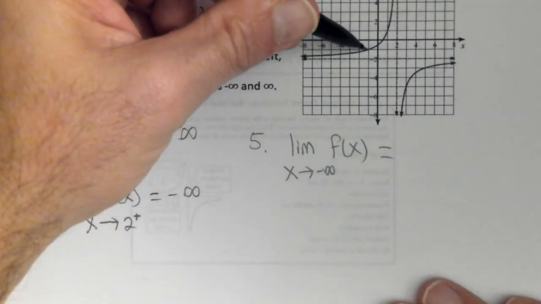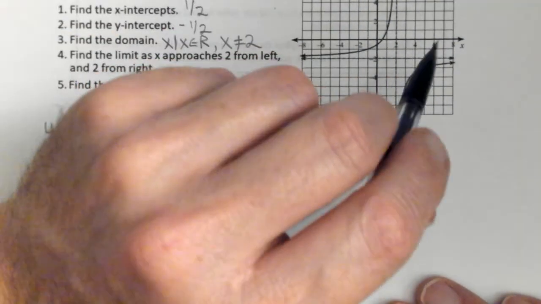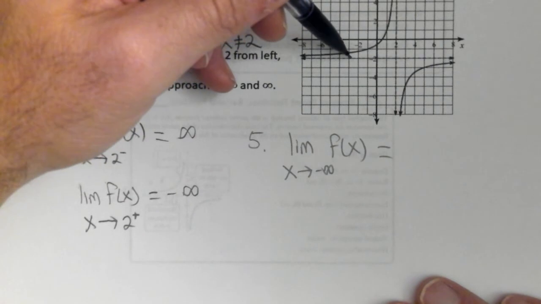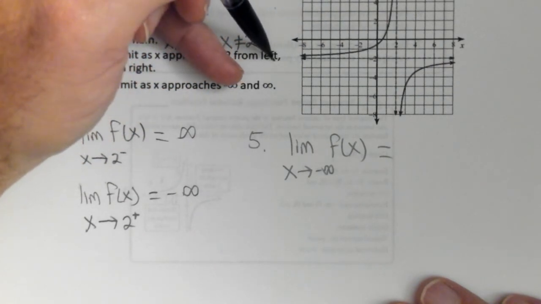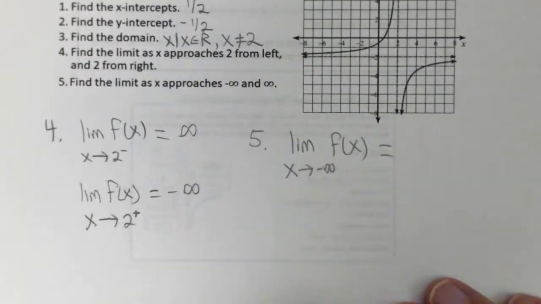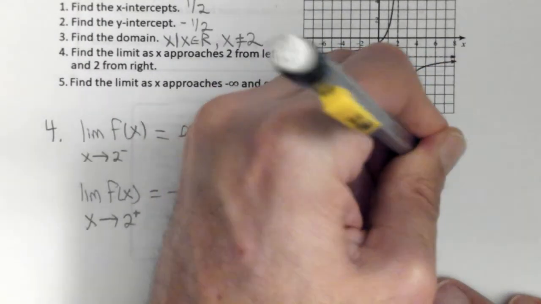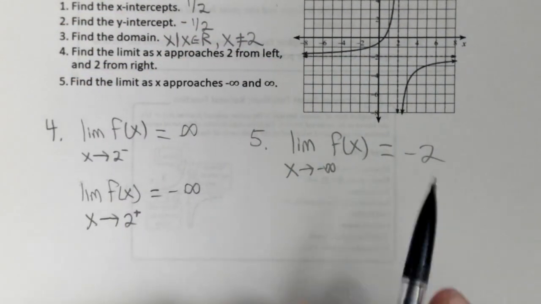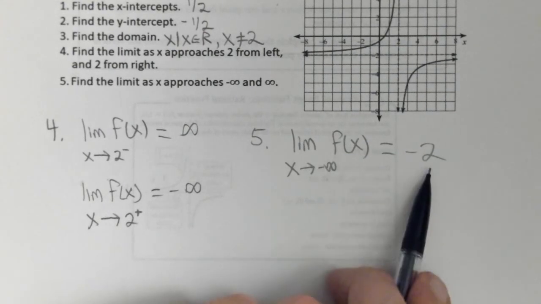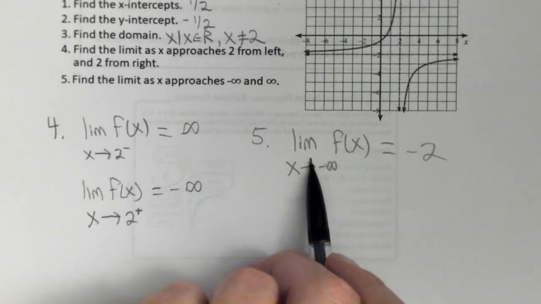The function value itself gets closer and closer to negative 2. It'll never quite reach it because that is a horizontal asymptote, but the further you go toward negative infinity, the closer and closer it gets to negative 2, so that's actually the limit.